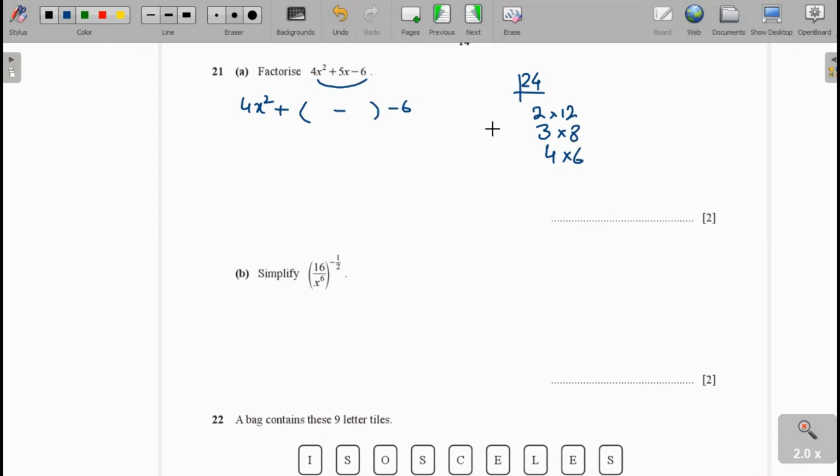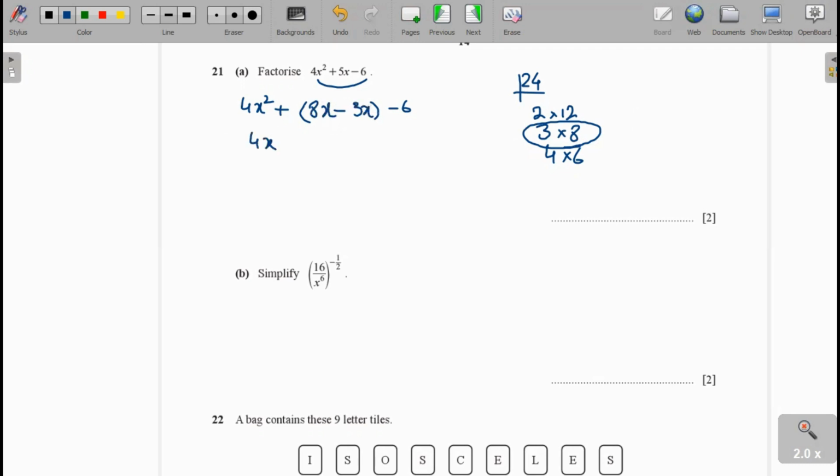When we subtract, we get plus 5x. Now we see that we can use the factors 3 times 8. When we multiply, we get 24, and when we subtract, 8 minus 3, we get 5. Now we write it as 8x minus 3x.